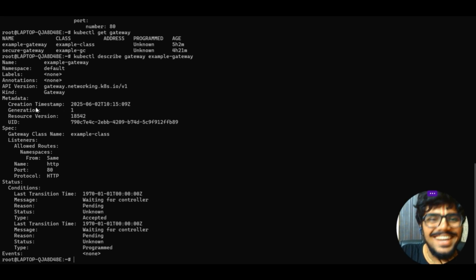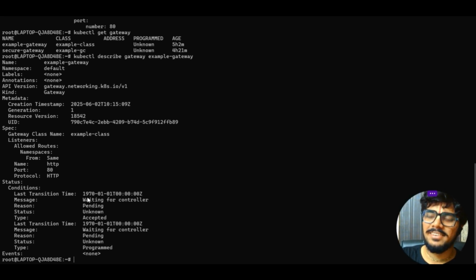Generation is only one. And then the resource version and the UID, and then the gateway class name is example class, allowed routes, namespaces from same, HTTP. For these particular files I have said earlier, most of the things are waiting for the controller because I didn't set any controller at that moment. So that's why it's been waiting for the controller.